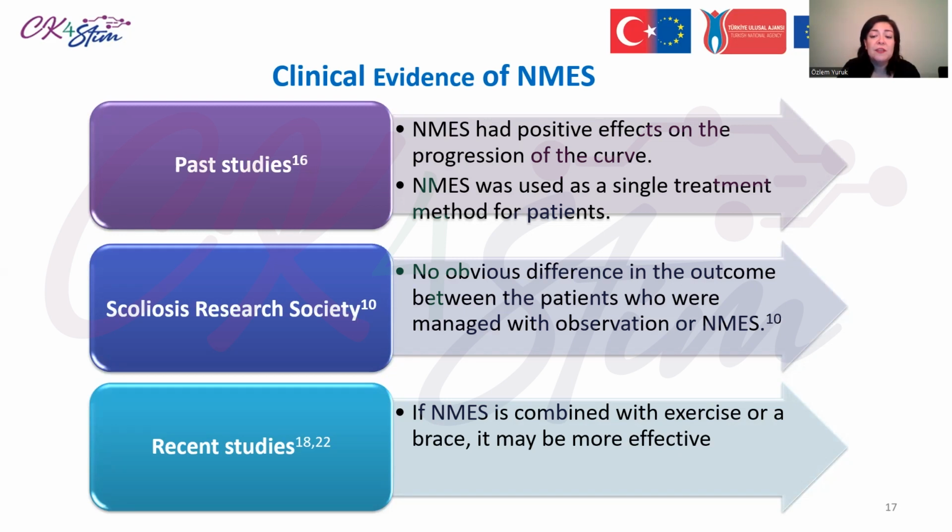All patients had an initial curve of 25 to 35 degrees, and the apical level between the 8th thoracic and the 1st lumbar vertebrae. Of the 159 patients, 120 were observed without treatment, and 32 were managed with lateral electrical surface stimulation.